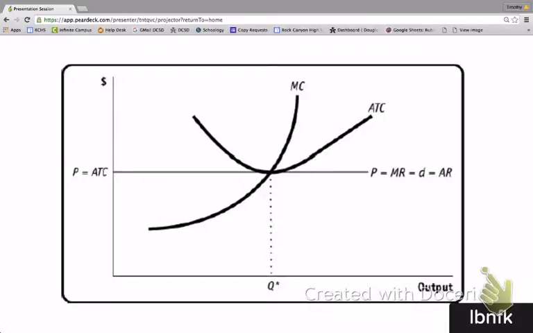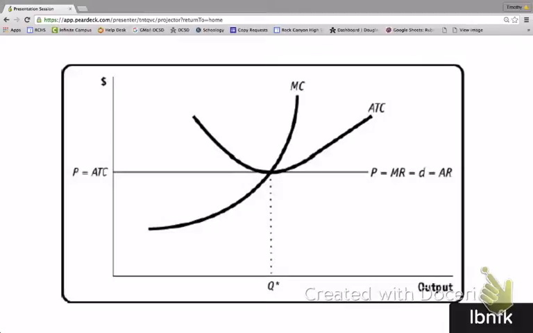So this graph shows the situation where economic profit is equal to zero. We've described this before as a normal profit. This is a break-even outcome. And this break-even outcome occurs when the profit maximizing output or quantity is at the point where the price is equal to the marginal revenue, it's equal to the marginal cost, but it's also equal to average total cost.